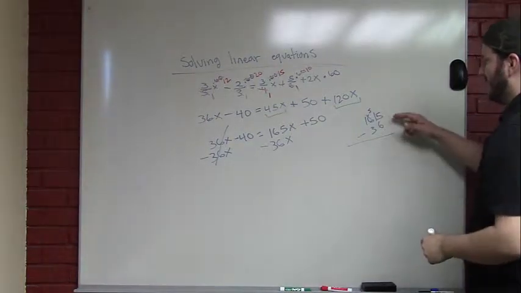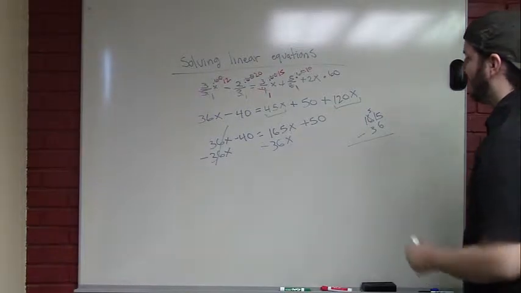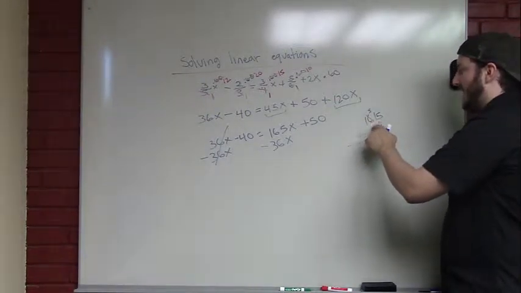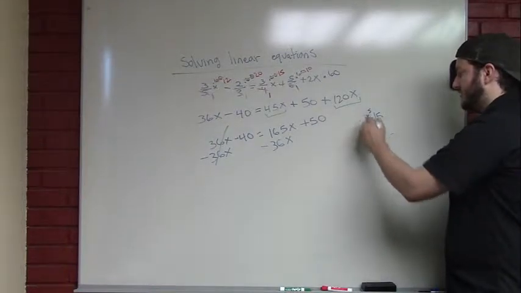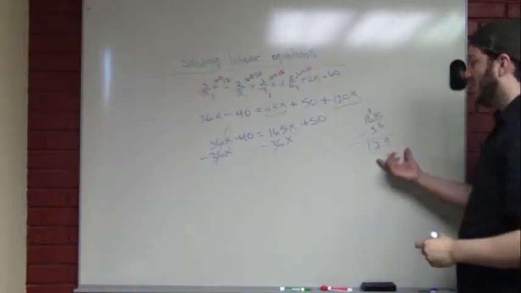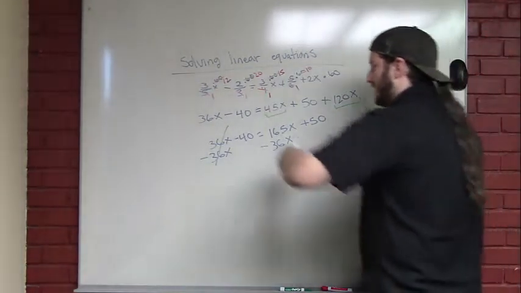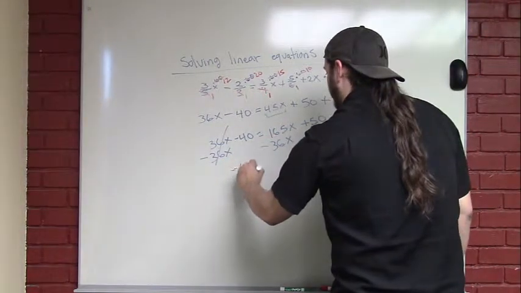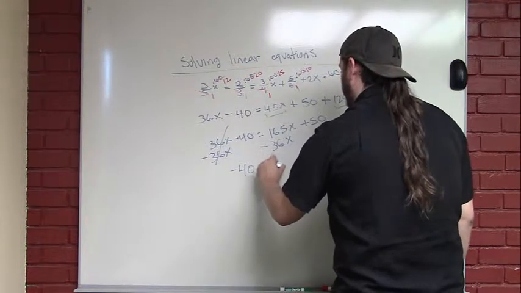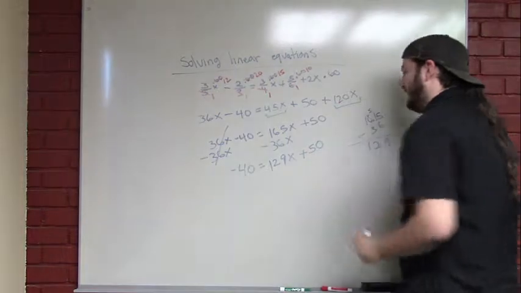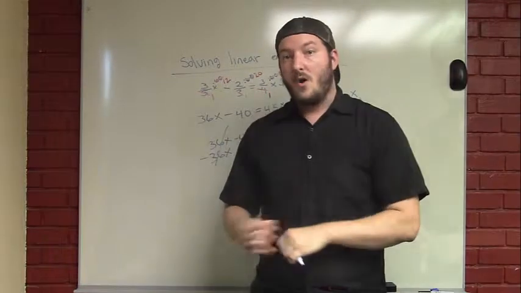That's a 15. 15 minus 6 is 9. 5 minus 3 is 2. And that's 1. So we have 129. Okay? So we have negative 40 equals 129x plus 50.